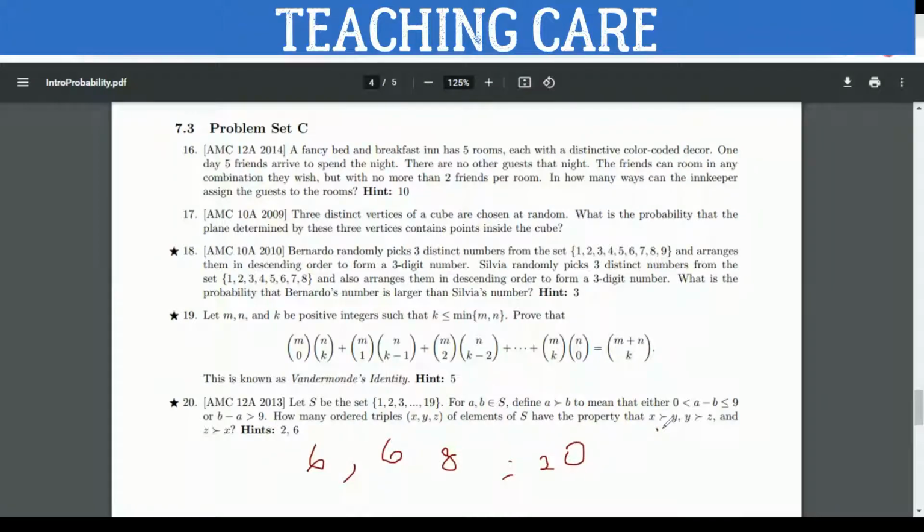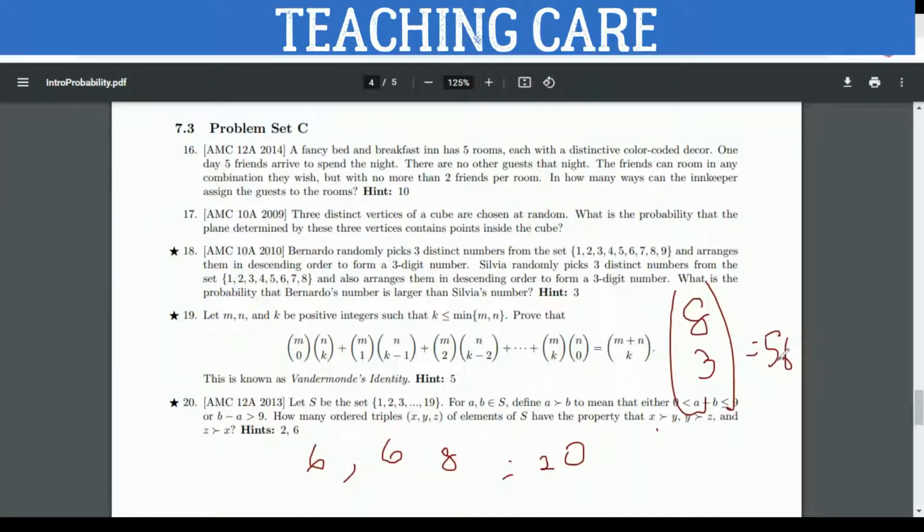You have to select 3 from that. We can do it like this. 8C3 is 56. So there are 56 ways to pick 3 vertices from 8 total vertices. So this will be our denominator.